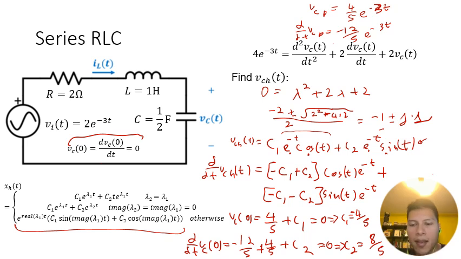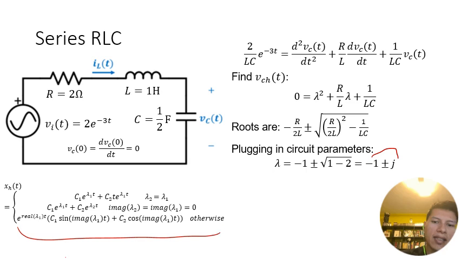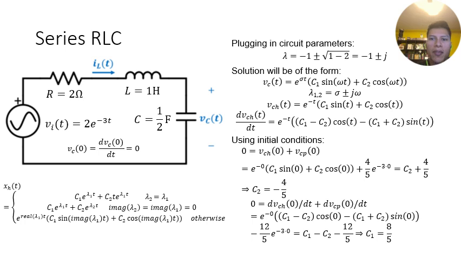Okay, so now that we know C2, we can get our full solution, and this is summarized in the next slide. So again, we first have to find the roots. And so we found that the roots were these, and that led to this kind of solution. That leads to our underdamped type solution.